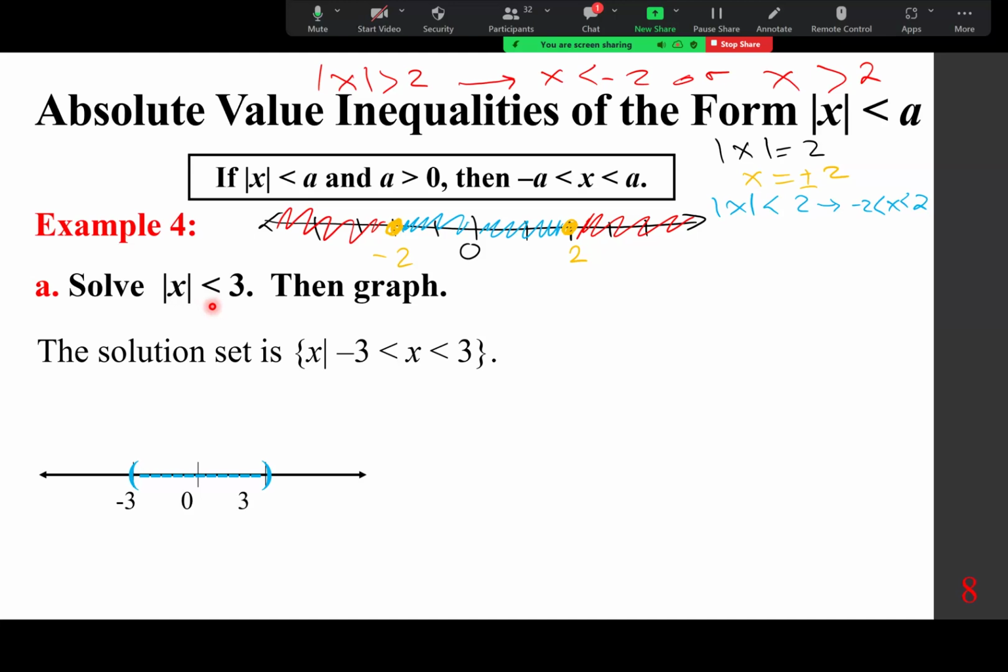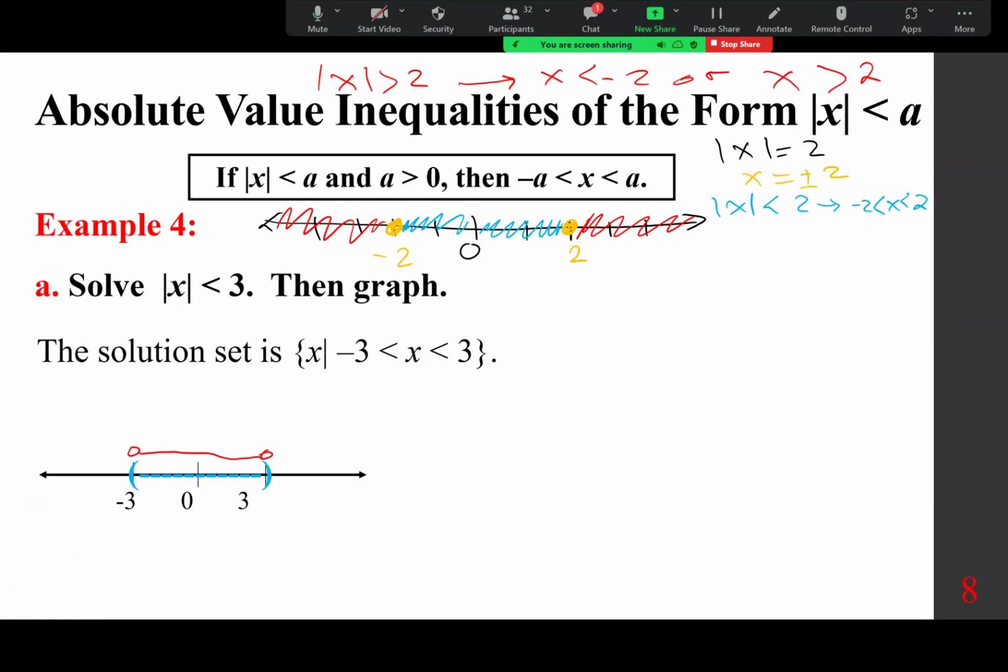If we had equality, then it would become a bracket. Or there is another way of writing open. You may write it in this format. You have an open here and open here.